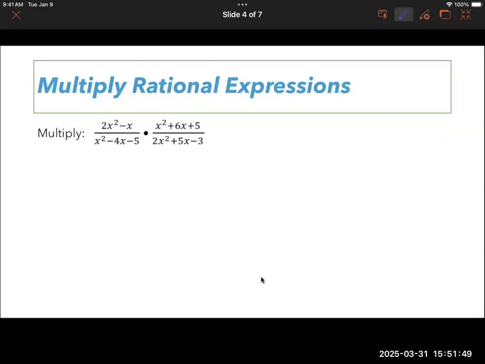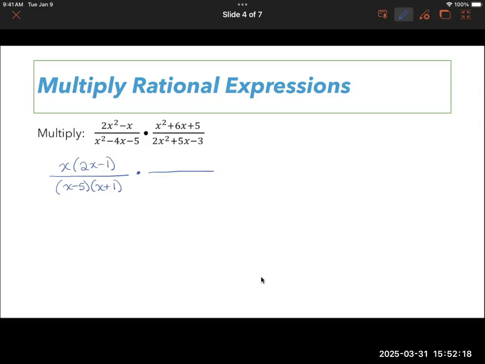So in our first numerator, we have a common x in both terms, which leaves us with 2x minus 1. In our first denominator, we have x squared minus 4x minus 5, which factors into x minus 5 times x plus 1.